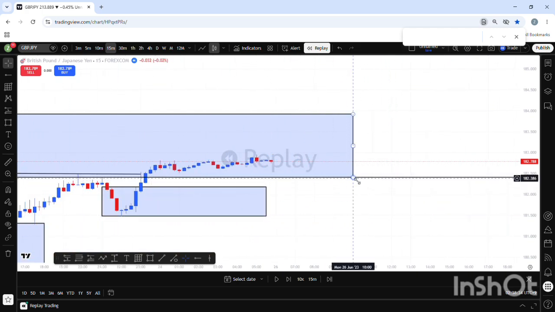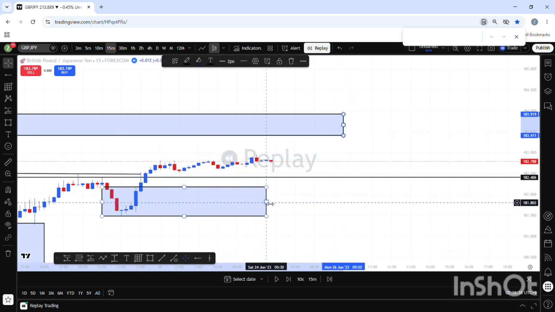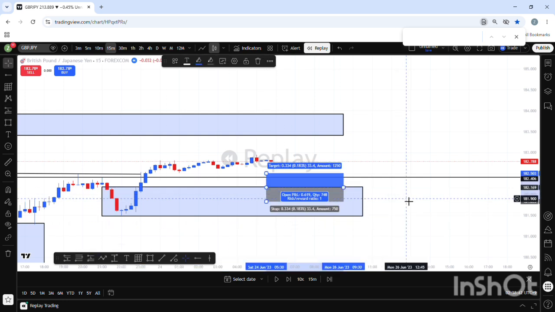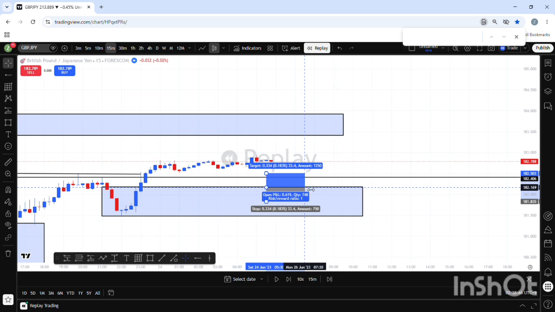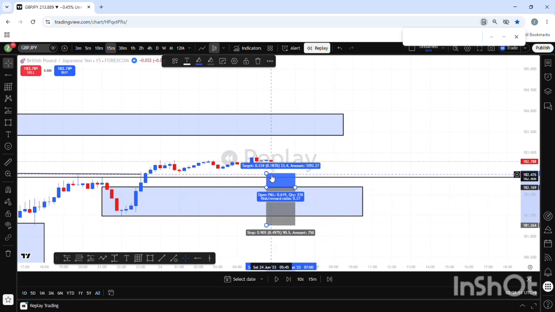So let's keep refining this daily time frame order block at a lower time frame, and this is where I'm going to wait for my entry. When you check keenly, I don't know if you can see how I've mapped my order block.